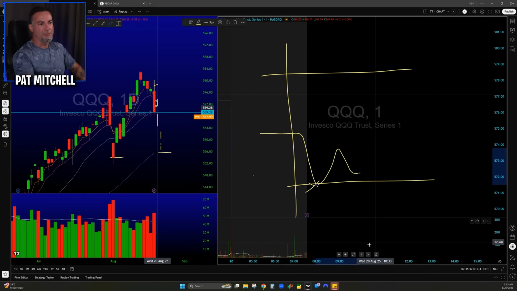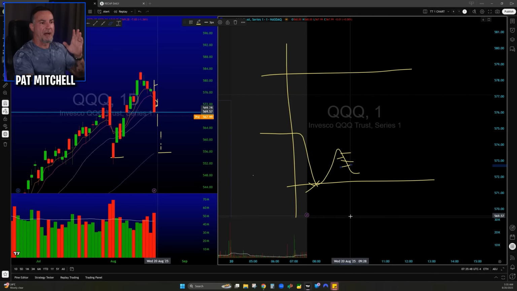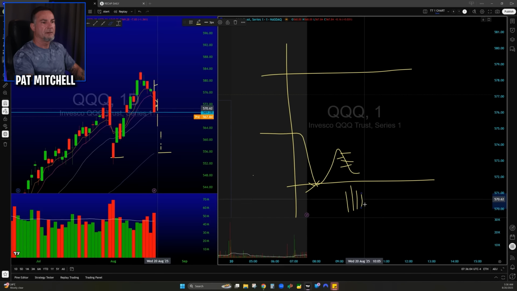You're going to have volume down here, and I'm going to draw your volume bars. So we'll do 1, 2, 3, 4 volume bars just to give you an idea. And I hope you understand what I'm doing here. The first volume bar on the sell side is going to be quite high. The next one coming down, when that confirms, is going to be even higher. And then you want to look for signs of slowing.